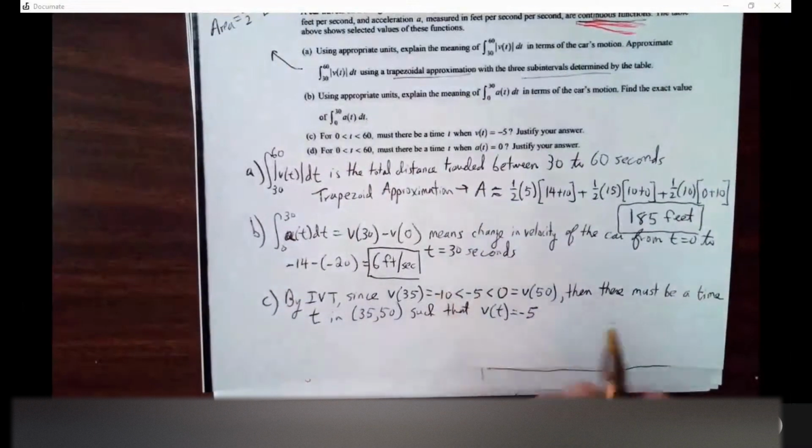All I'm saying is I'm guaranteeing that value of -5 because I'm starting below -5 and ending above -5, so it has to cross through -5 somewhere in between.